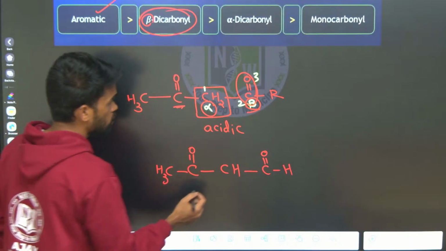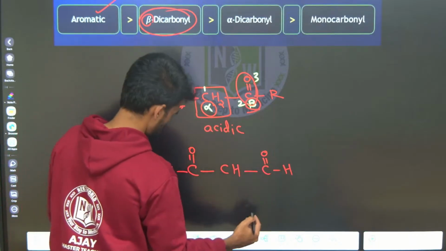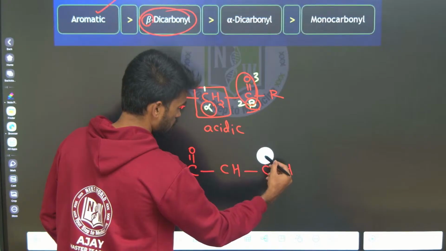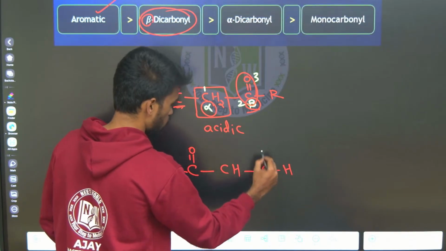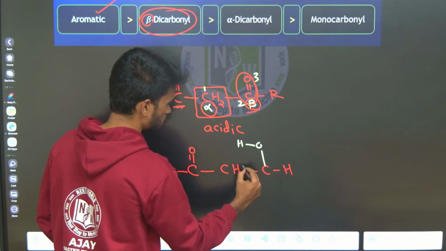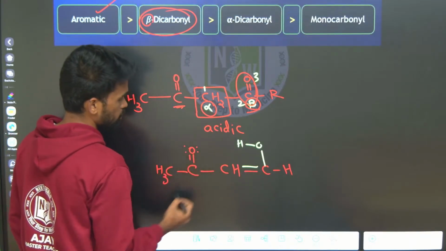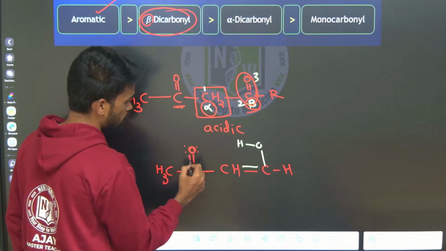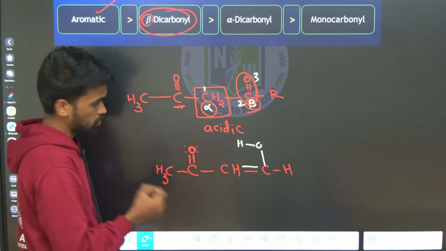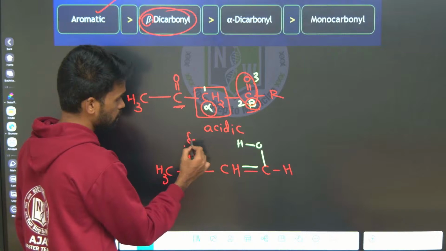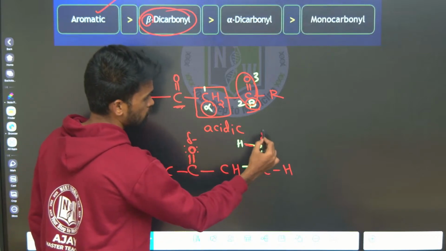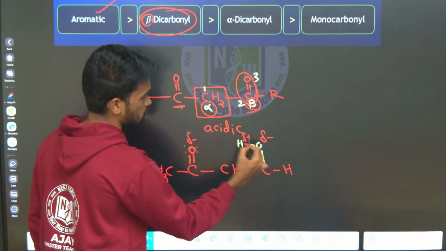So now I am shifting towards this, it means it becomes OH and this becomes a double bond. After forming this, we have an oxygen atom having pi electrons, means partial negative charge here. What about this? Partial negative charge on oxygen, partial positive charge on hydrogen.